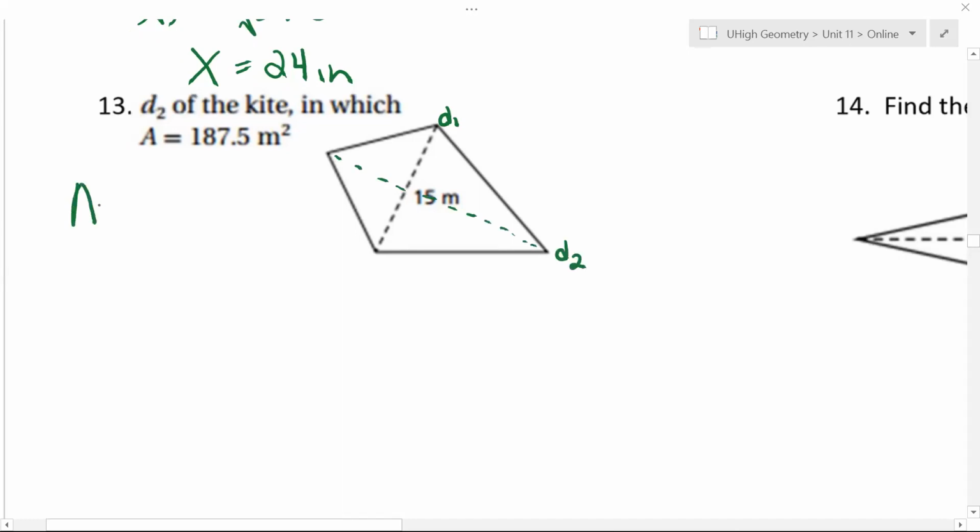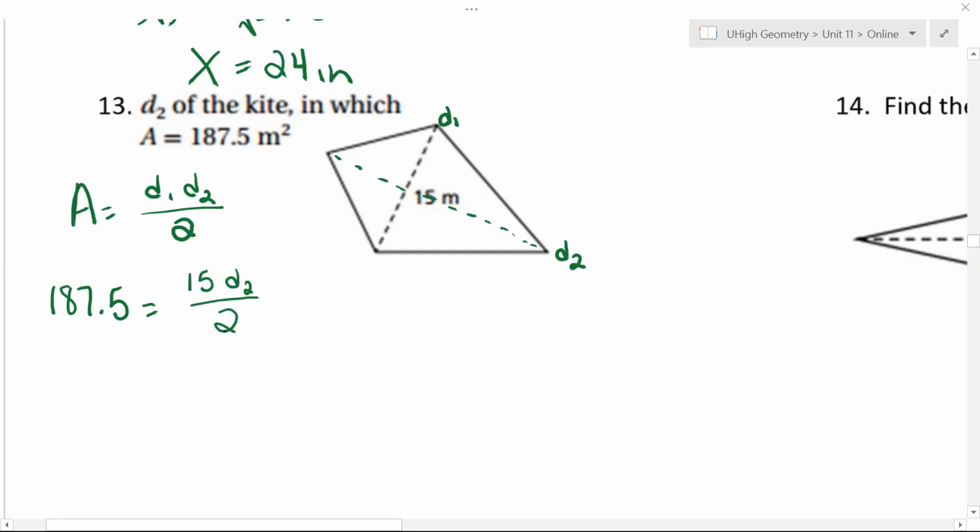Well, I know that area equals diagonal 1 times diagonal 2 divided by 2. I'm given my area, so I could substitute 187.5 equals, I know diagonal 1 is 15, so 187.5 equals 15 times diagonal 2 divided by 2.